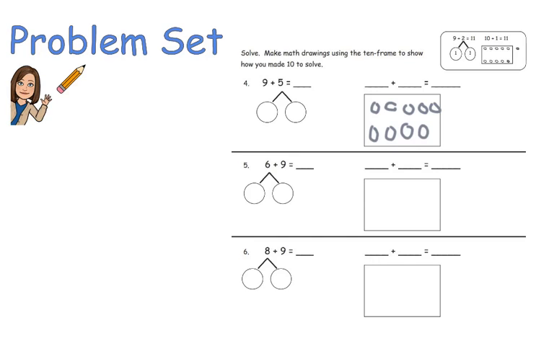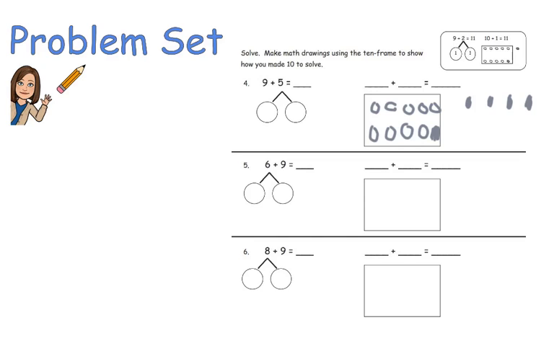Instead of drawing the circle to make 10, we're just going to draw it inside the box this time. I'll show you. Watch me do it. So we're going to draw 5. So I'm going to go 1. So that's 10. Now I'm going to keep going with my 5. 1, 2, 3, 4, 5. Okay.